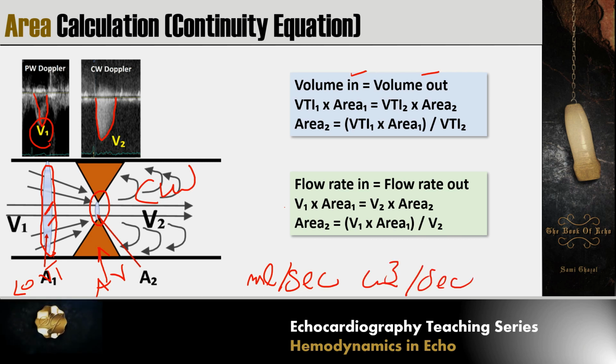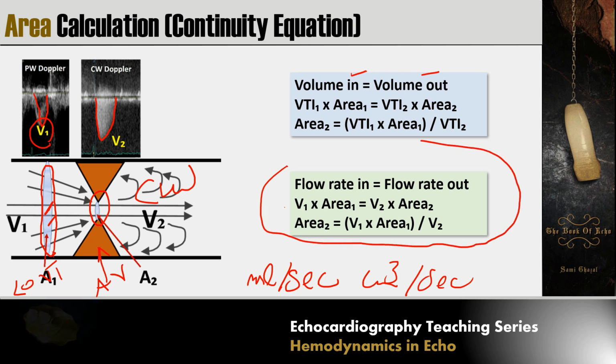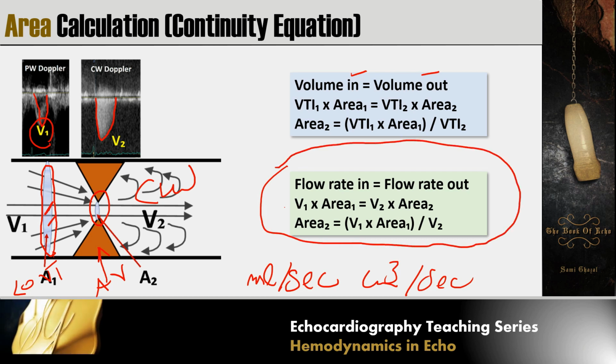We call it the flow rate. So whatever flow rate comes in will go out, and we use this in PISA, or proximal isovelocity surface area calculation. I will show you this in the coming slides.